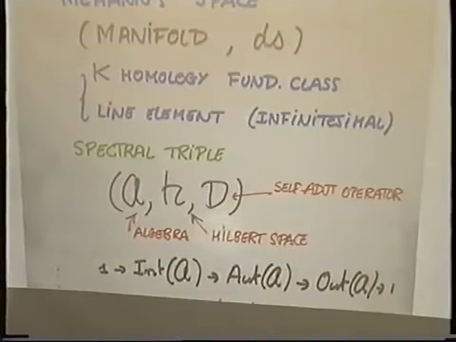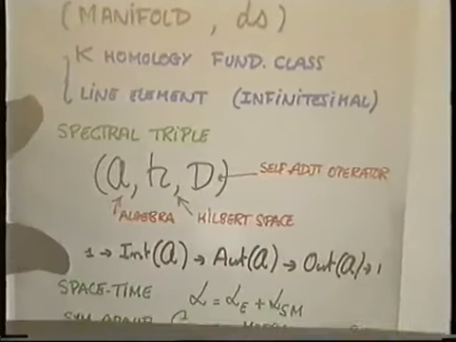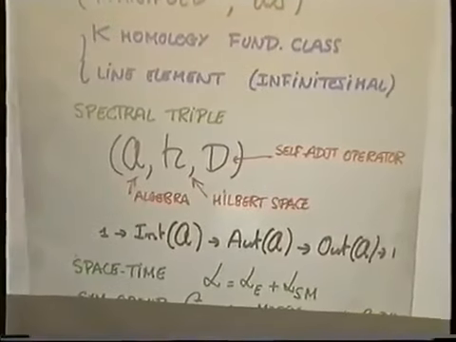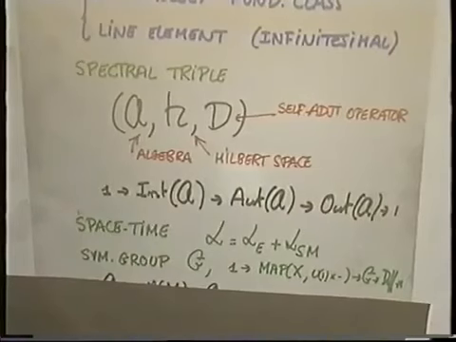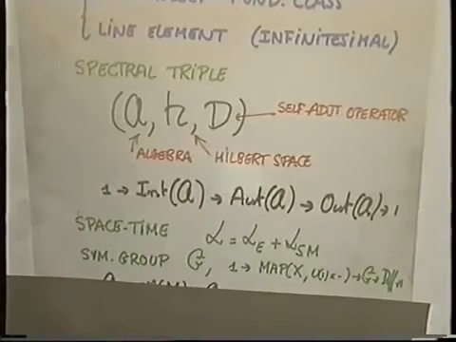Now, it turns out that when you look at the Lagrangian of physics that Yuval was explaining, this Lagrangian is the sum of two terms. One is the Lagrangian of Einstein's theory, and the other is the Lagrangian of the standard model. Now, if you look at the group of invariants of this Lagrangian, what will you find out? You will find out that it also has two pieces. There is a gauge group of the second kind, which is the group of maps from the manifold to U1 cross SU2 cross SU3.